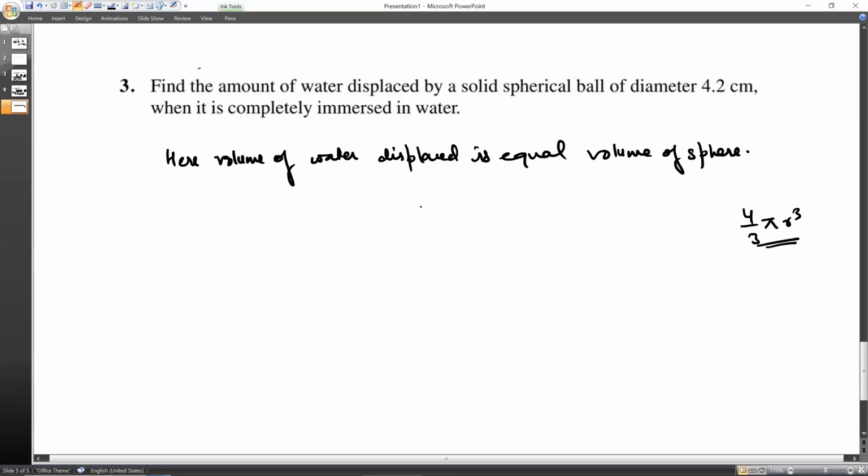Here the diameter is given as 4.2, so the radius will be 2.1. Now calculate this.